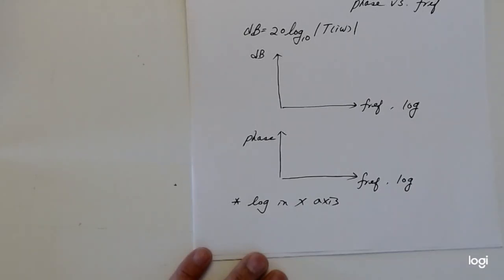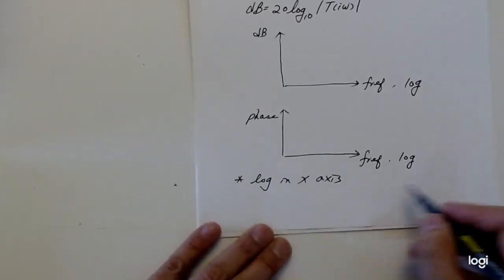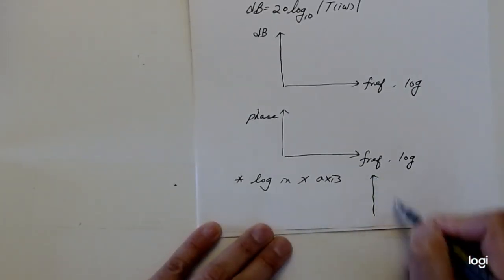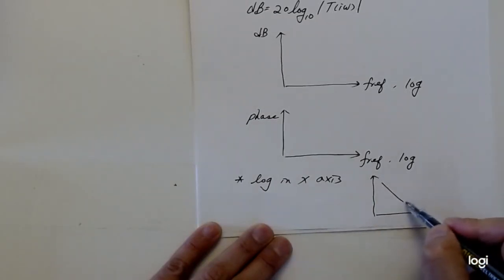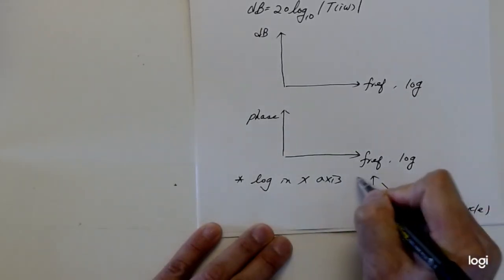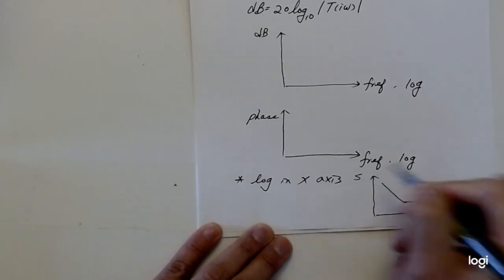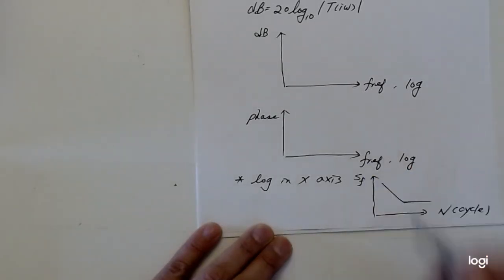Well, it's like, why do we use log in the fatigue strength? Remember, we have the endurance limit. This is the number of cycles, and this is the endurance limit, fatigue strength.